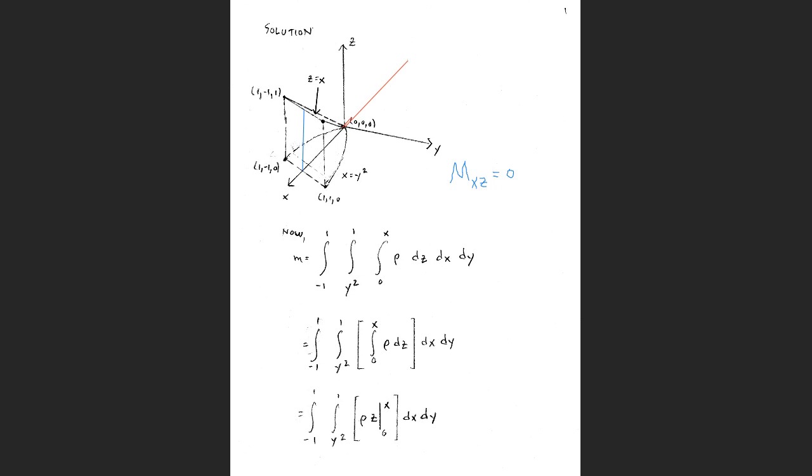No. So the solid is all in front of the YZ plane. So it's not balanced at all along the YZ plane, not at all. So we can't use symmetry to get that moment.